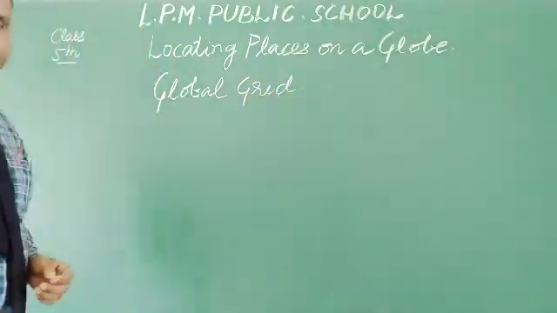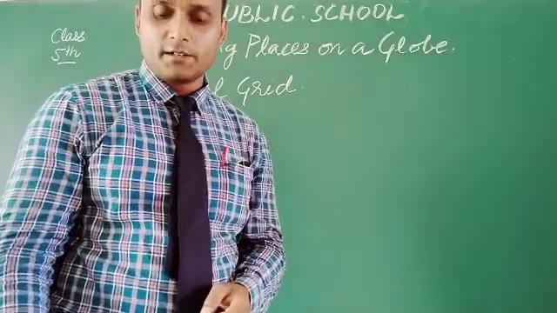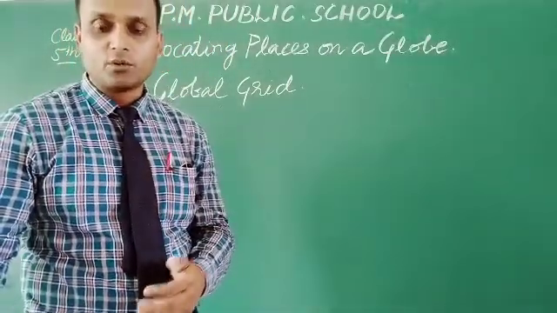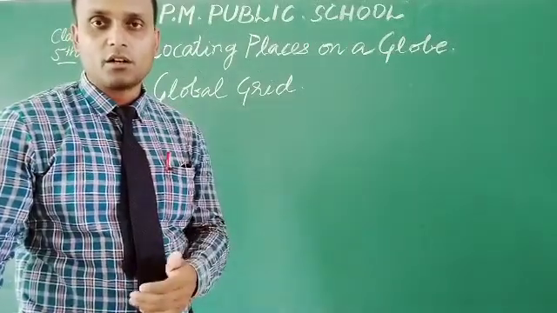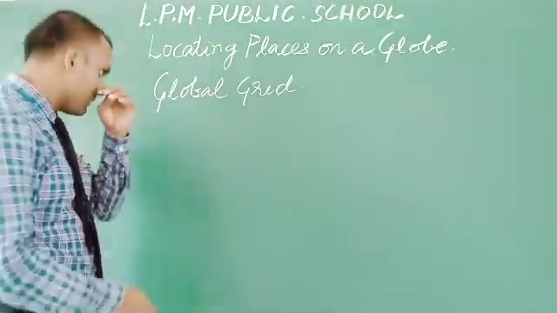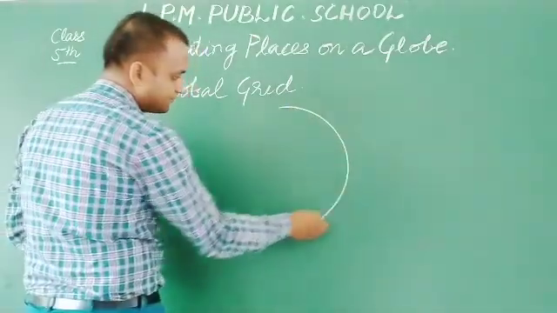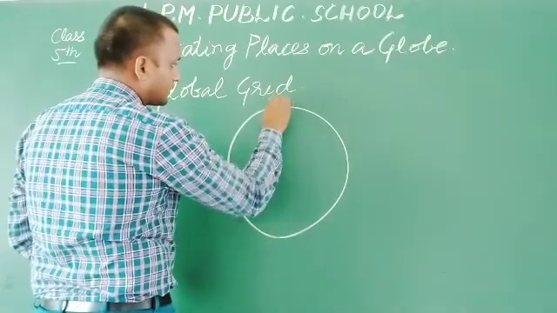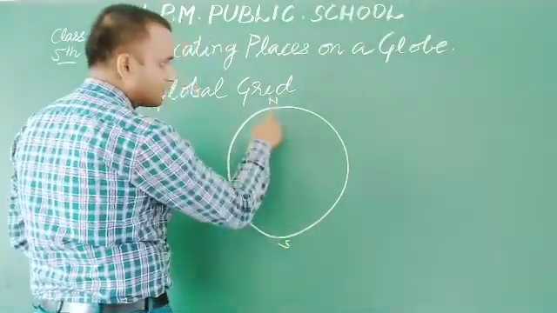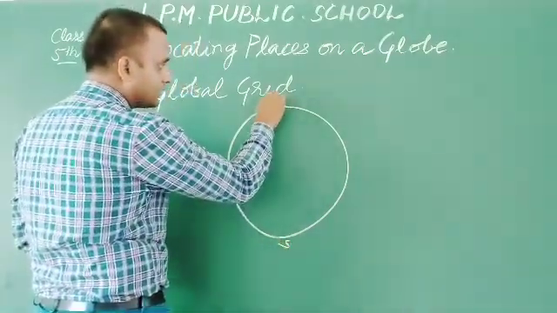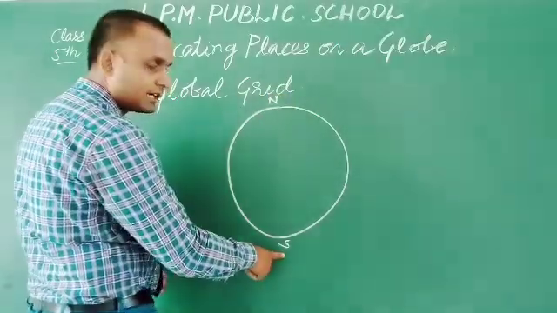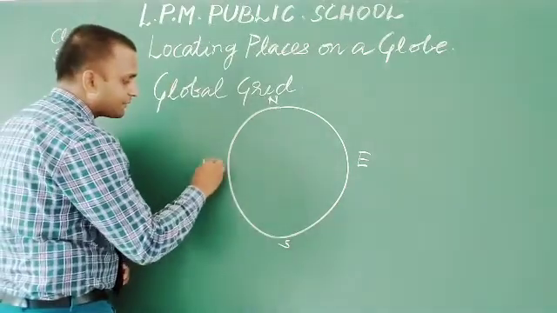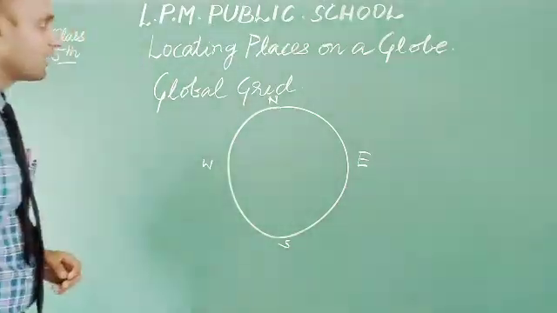Global grid. Okay, what is the global grid? The network formed by the intersecting lines of latitude and longitude is called the global grid. For example, you can assume this as the globe. As you all know, the upper side is north, the bottom side is south, the right side is east, and the left side is west.